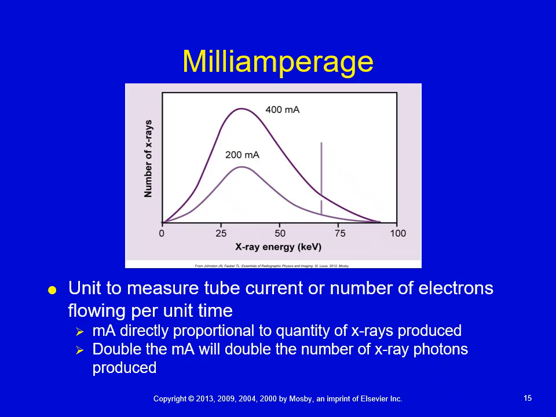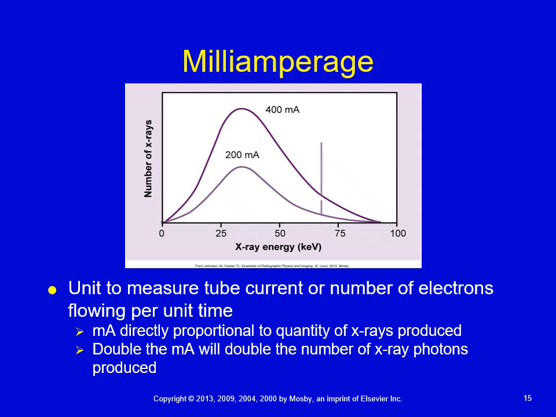All right, next is MA. MA is a measure of tube current or amperage. It also controls how many electrons will be available in the beam. MA is directly proportional to the number of X-rays produced. So as your MA increases, the number of X-rays produced will increase.